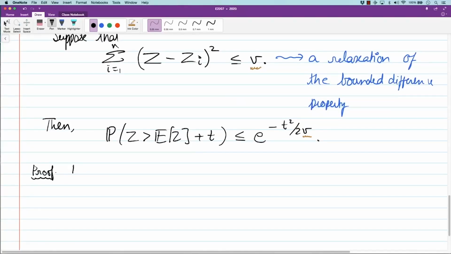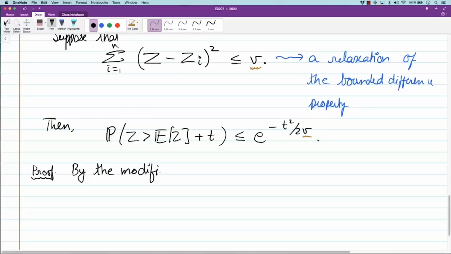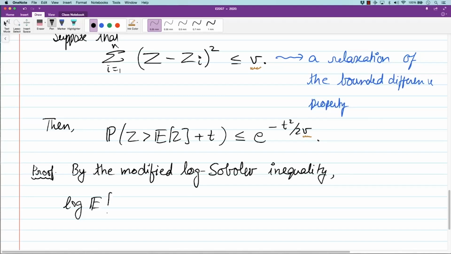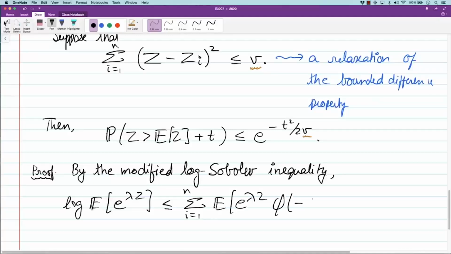So we start with this modified log-Sobolev inequality. The log of the expected value of e to the power lambda Z, minus lambda times the expected value of Z, is less than or equal to the summation over i equal to 1 to n of the expected value of e to the power lambda Z times phi of minus lambda (Z minus Zi).